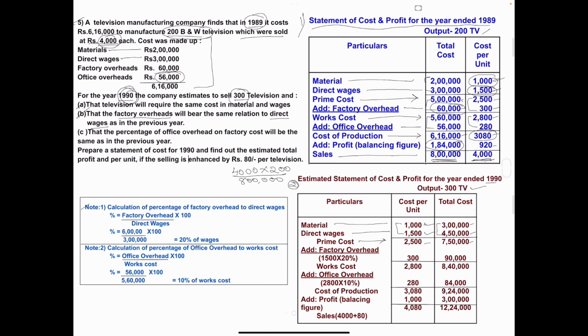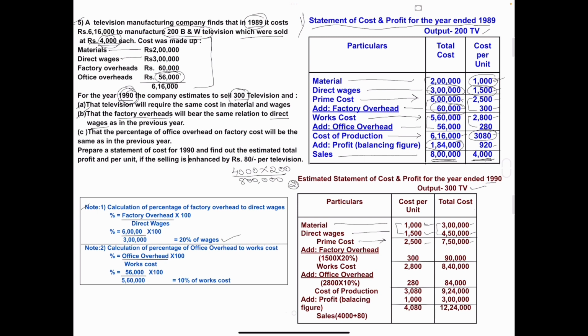So here direct wages amount is 3 lakh. So 60,000 divided by 3 lakh into 100, you will get 20%.